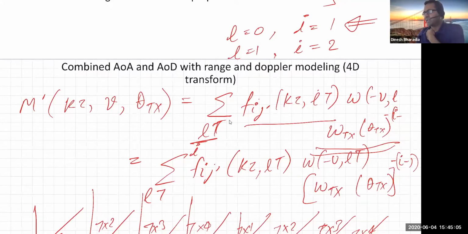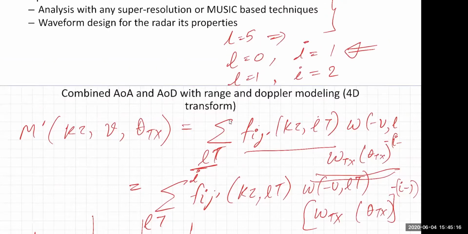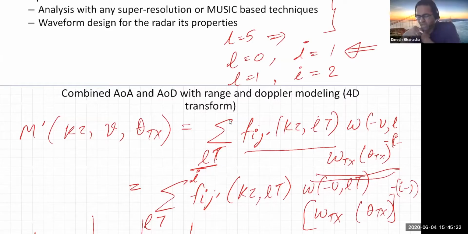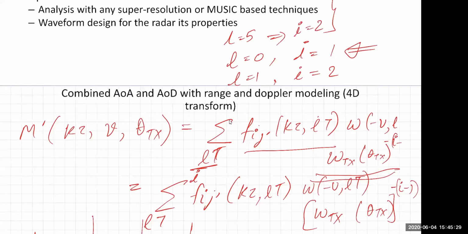How about L equals 5? What happens if L is equal to 5, guys? I will go back to 1 because it's a modular operation based on the number of transmitters. No, I will go back to 2. It should be 2. Yes, it will be 2.